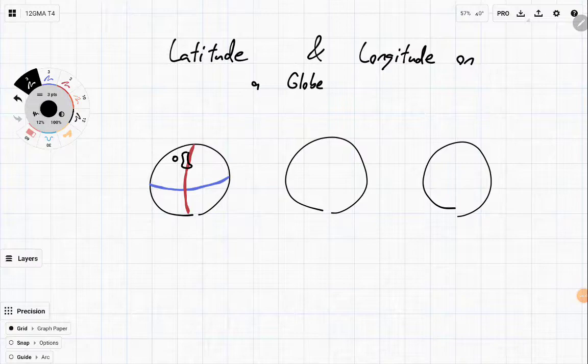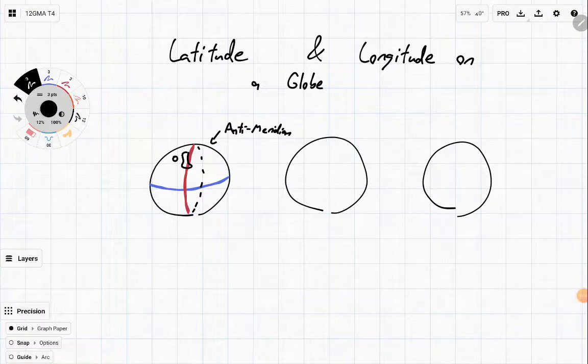But there's one more line I didn't tell you about, which is what is on the other side of the prime meridian. What's on the opposite side? Well, we call that the Anti-Meridian. The Anti-Meridian is basically the other border for east and west.